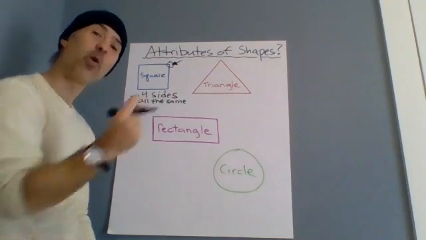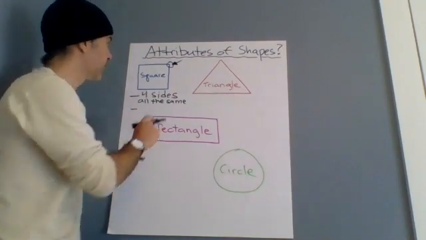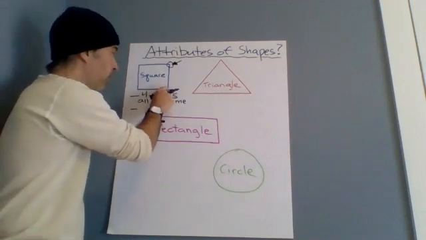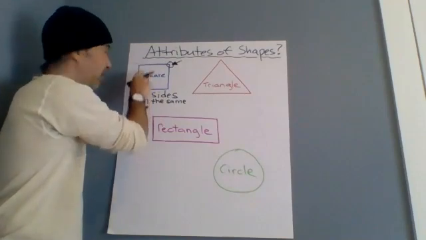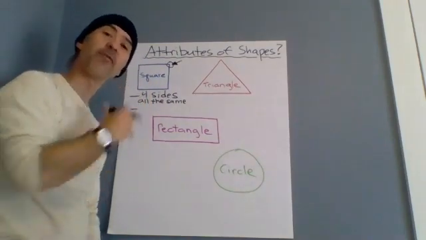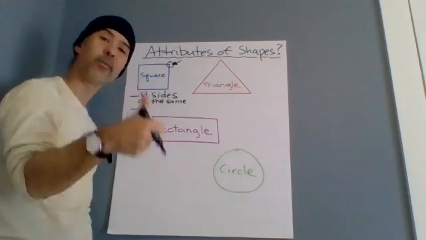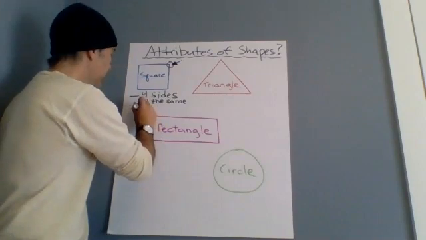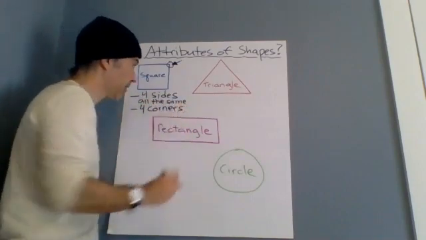So how many corners does a square have? Let's count with me. 1 corner, 2 corner, 3 corner, 4 corners. So is an attribute of a square that it has 4 corners? Yes. So a square has 4 corners.